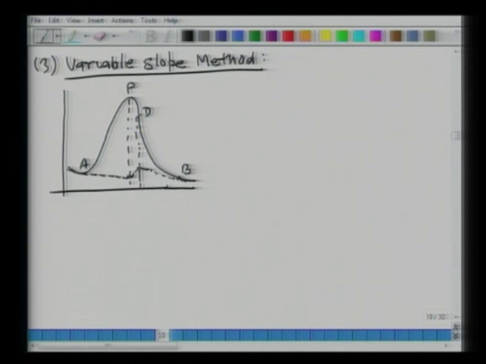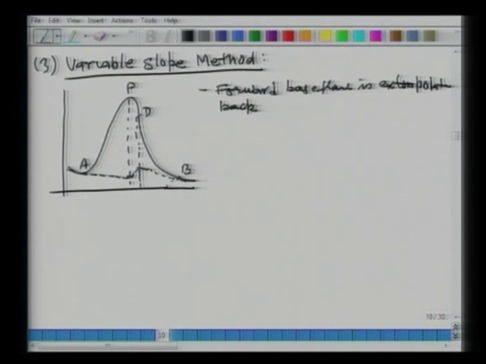Okay. So, basically what we do is the forward base flow is extrapolated back. Okay.